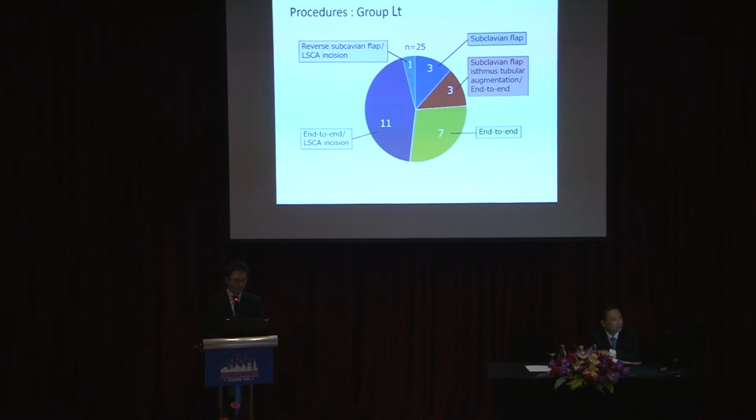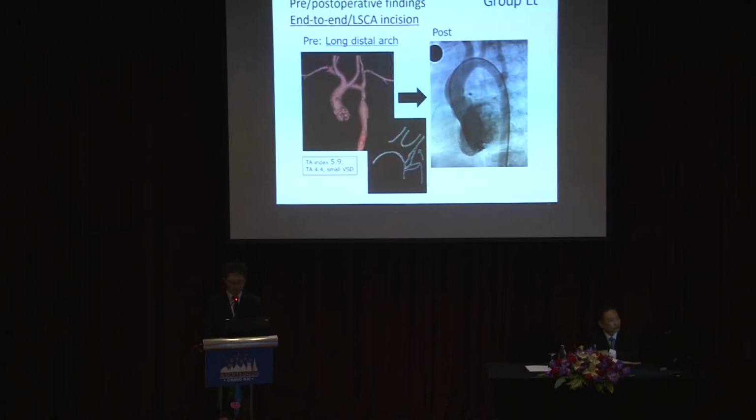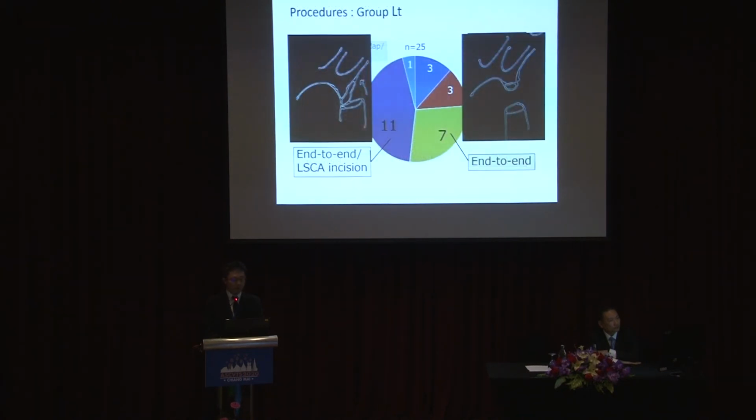I will explain each procedure in order. When the distal arch is not hypoplastic, we do end-to-end anastomosis as in the right schema. We also often extend the incision to the left subclavian artery, but not into the distal arch, as in the left schema.